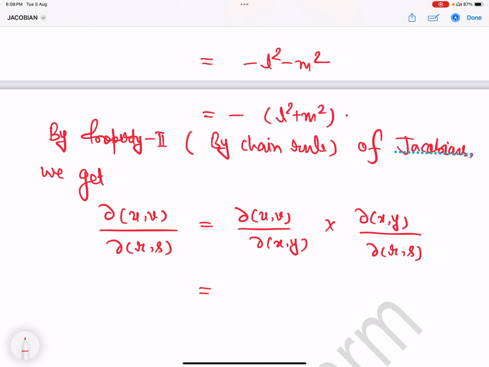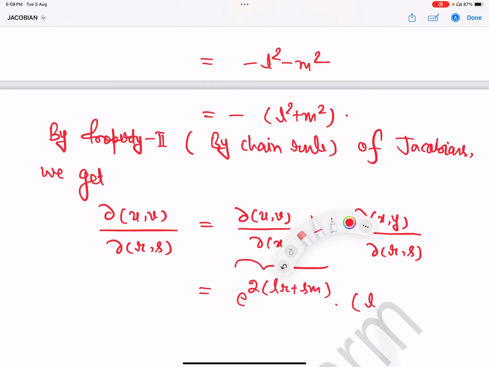So what is this value? This value is e^(2(lr + sm)) into (l² + m²), and it is minus, so minus will come here. So this is the answer.